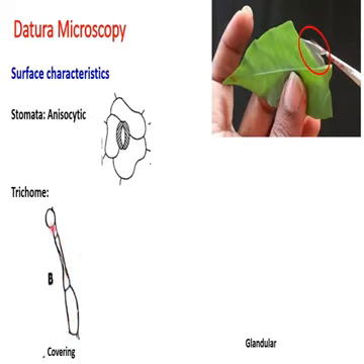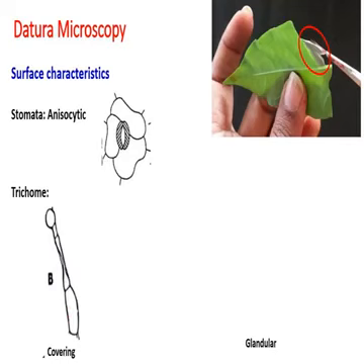The covering trichome is multicellular in the case of Datura. That means you can count the cells here, 1, 2, 3 and 4. Amongst the 4, or 5, 6 cells, whatever the count is, one cell is shrunk at the center, and the topmost cell is bulged, giving a ball-like appearance, whereas the bottom cell is also stout so that it maintains the balance of the trichome.